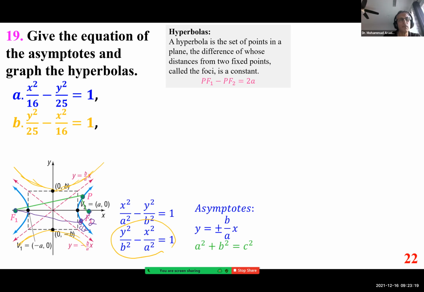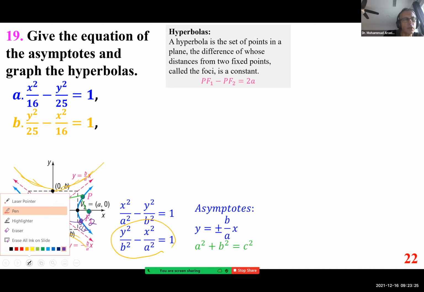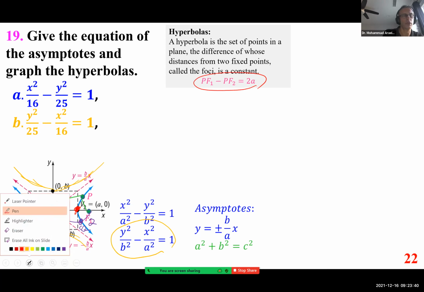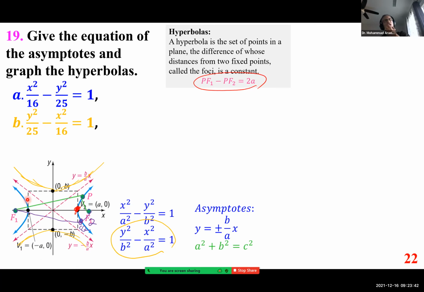So all you have to do is pick this particular point and calculate the distance, and you see that this is a proof that it is equal to 2a. That proves the formula that the distance is 2a.